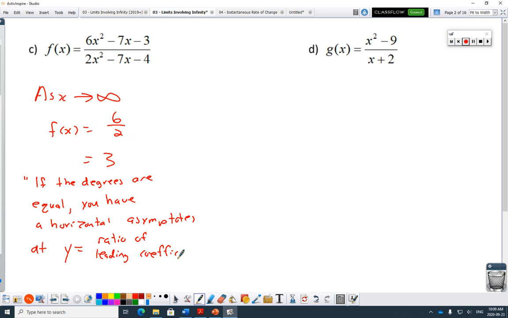So even if that's not still in your brain from advanced functions, there's the rule when you've got a rational function. The rule went farther. It said if the degree was higher on the top, we'd get no horizontal asymptote.